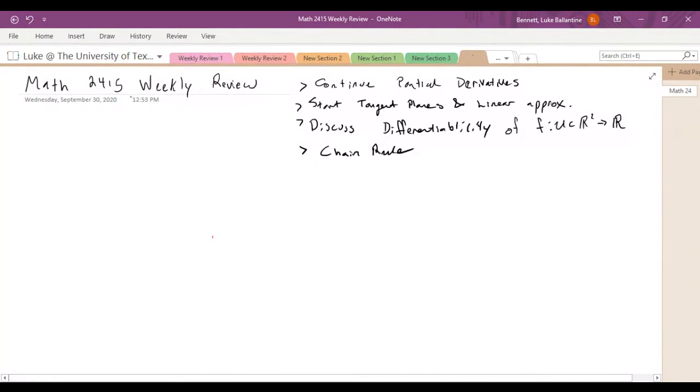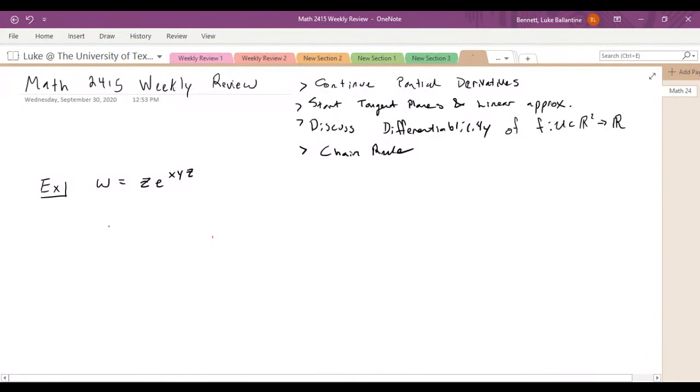So we left off with a little bit of calculation of first partial derivatives of functions of multiple variables. So let's do an example. We have a function w. W is a function of z, x, and y, defined by z times e to the xyz.